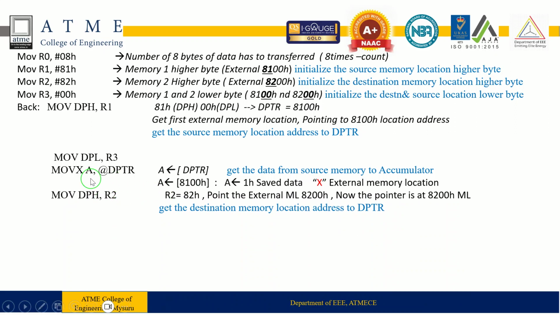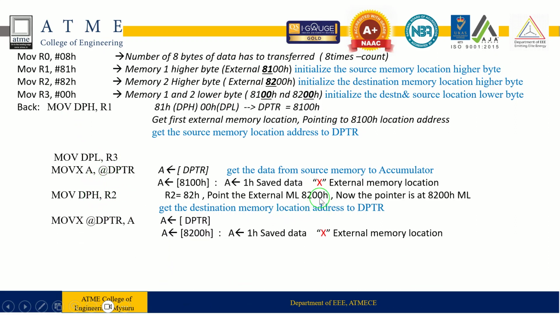Next, this accumulator value has to be transferred to the 8200H memory location. Hence, call 82, which is saved in the R2 register, and immediately transfer it to DPH. Now the pointer is pointing to the 8200H memory location. Whatever the content in the accumulator is directly transferred to the 8200H memory location.